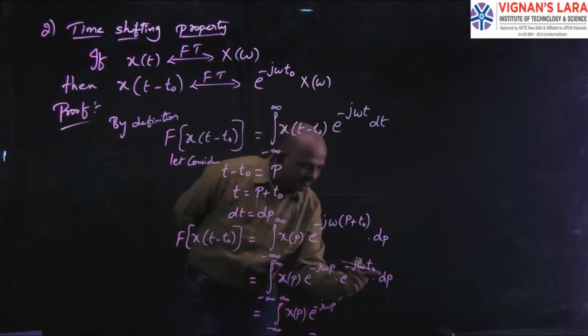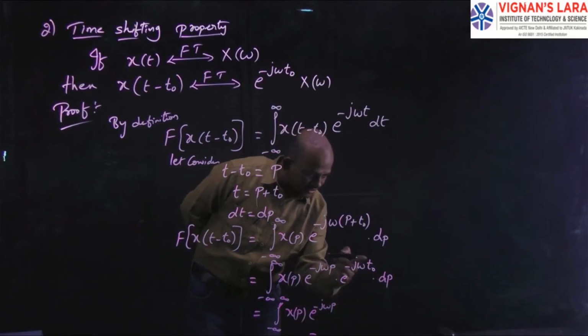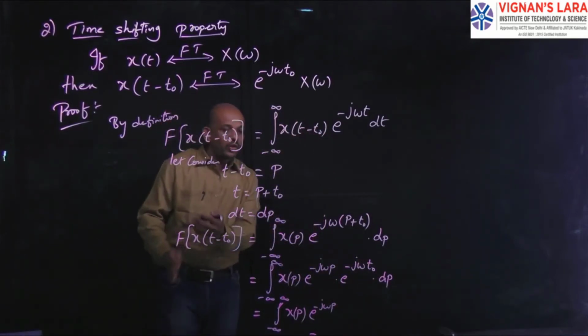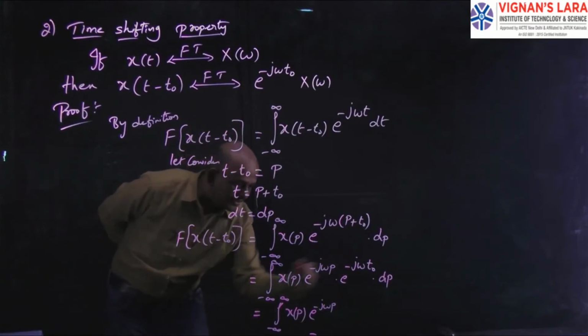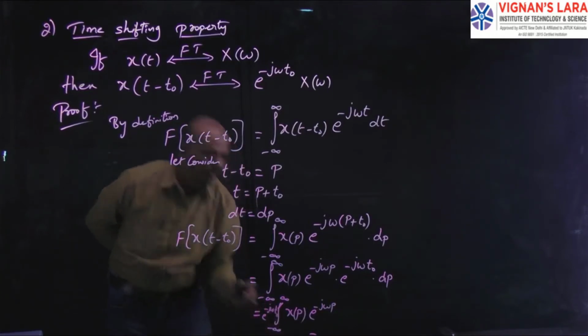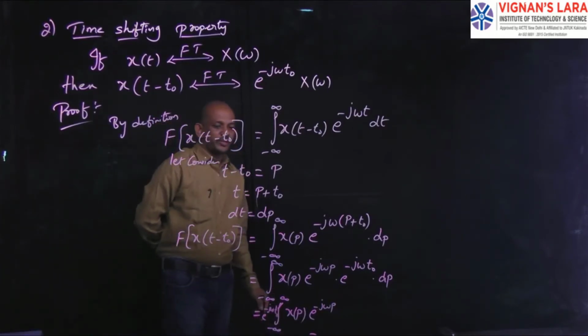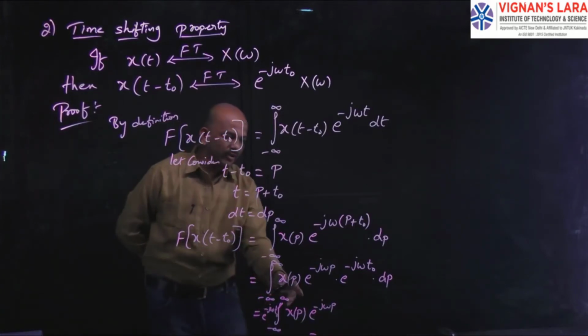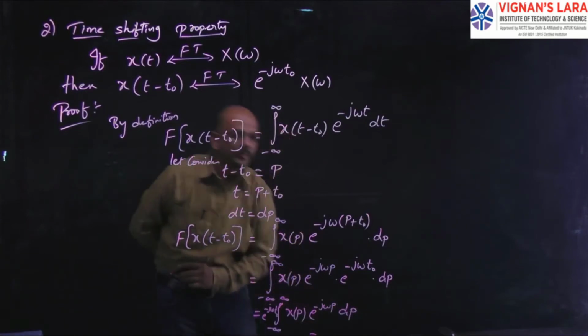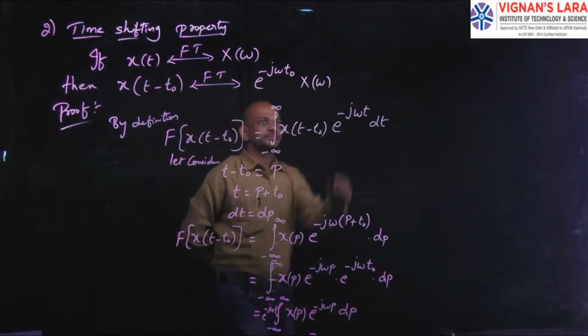We are integrating with respect to p, so e power minus j omega t naught will be a constant, and I can bring it outside of this integral. So e power minus j omega t naught into integral minus infinity to infinity x of p e power minus j omega p dp.